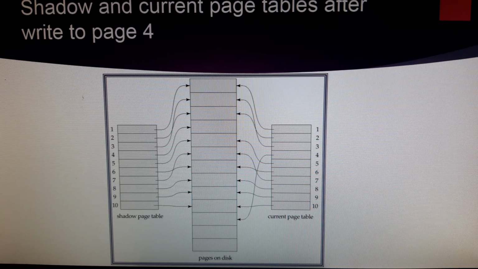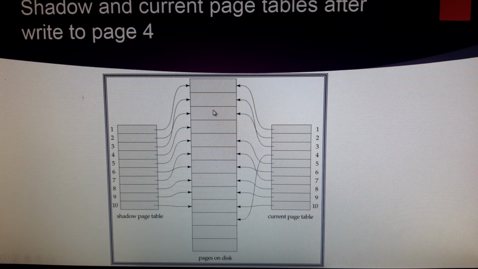If the shadow page table is also pointing to the pages on the disk, then it means the transaction is properly committed. If it is committed, the data value is already updated on the disk, so you can restore with the new value. Whatever the updated value is, it is defined on the disk.